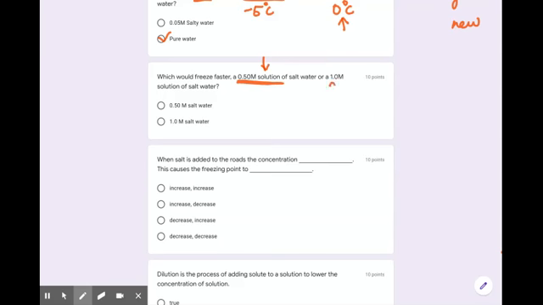This is more impure, so it will freeze slower. If my question is not freeze but boil faster, same answer, because when you have less impurity, it's easier to reach the boiling point and the melting point, or the freezing point. Okay, so it would be the same answer.